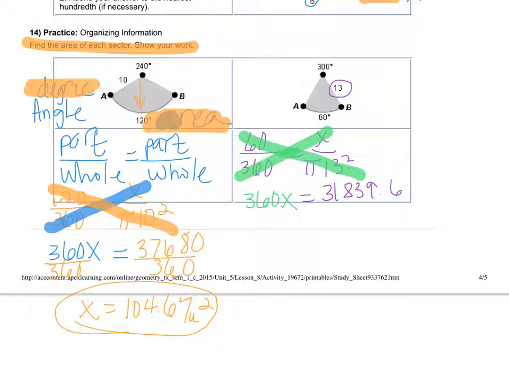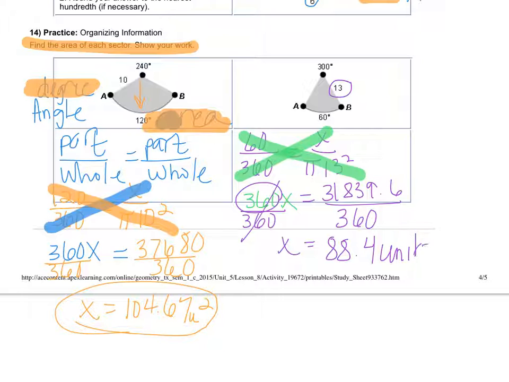And the last step is to divide everything by the coefficient in front of x. So divide everything by 360. What you do on one side, you've got to do to the other. So x equals 88.4. There's no units, so I'll just say units squared. And what I mean by units is inches, feet, yards, that type of thing. So that's your final answer.